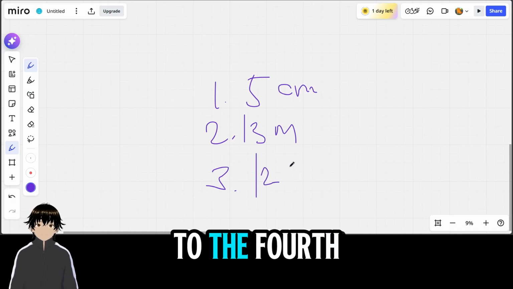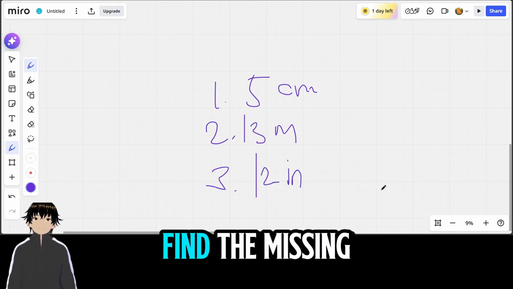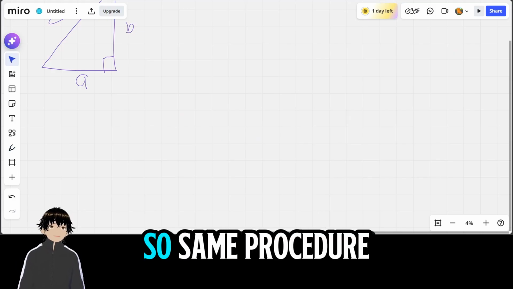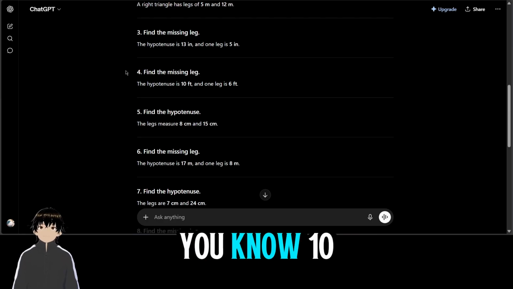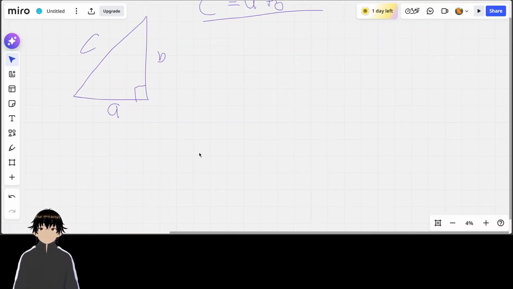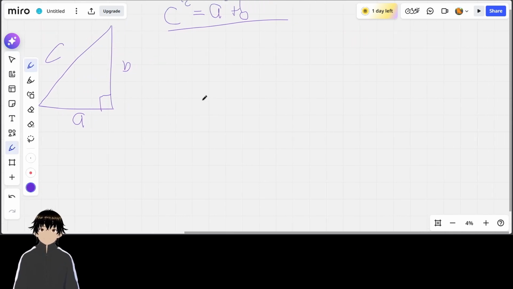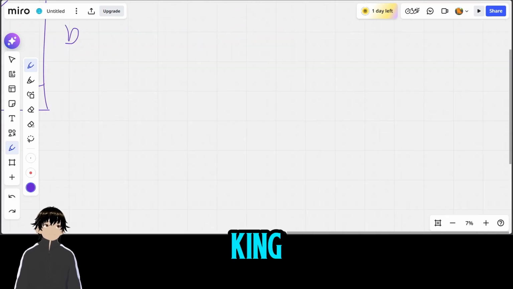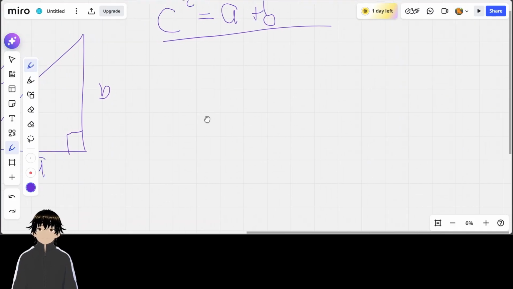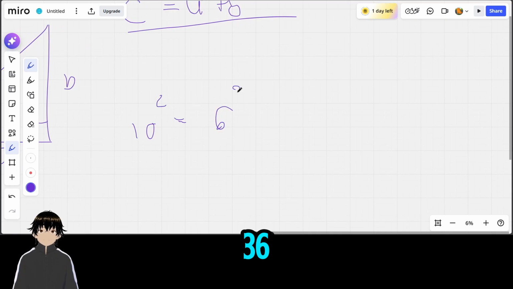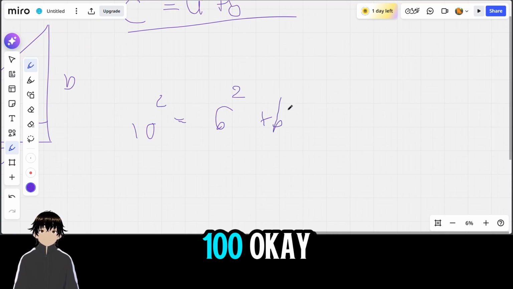All right, let's go to the fourth question. Find the missing leg. The hypotenuse is 10 feet and one leg is 6 feet. So same procedure. 10 squared equals 6 squared plus b squared. 6 times 6, that's 36. 10 squared is 100.